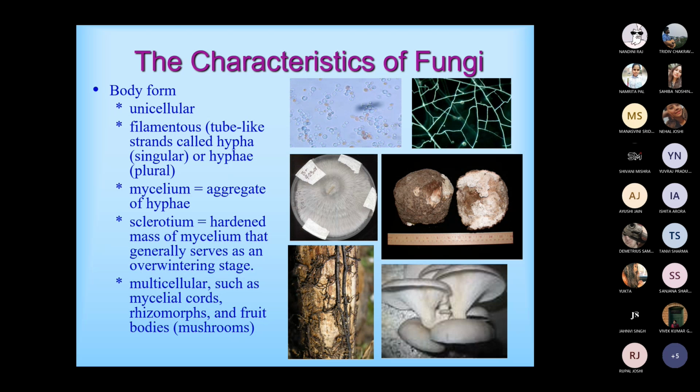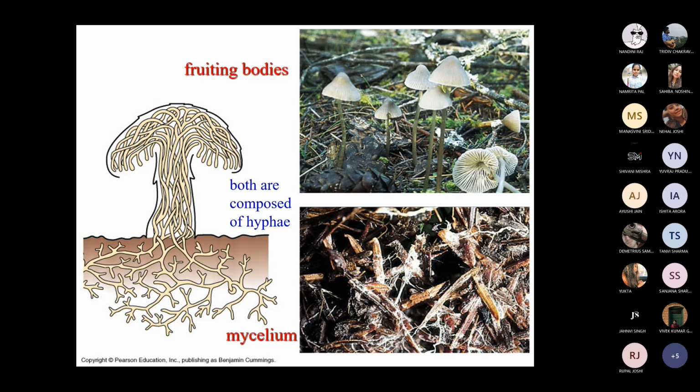Then they produce certain fruiting bodies. Fruiting bodies are multicellular structures on which spore-forming structures such as basidia or asci are produced, and on which the different spores of the fungi are formed.